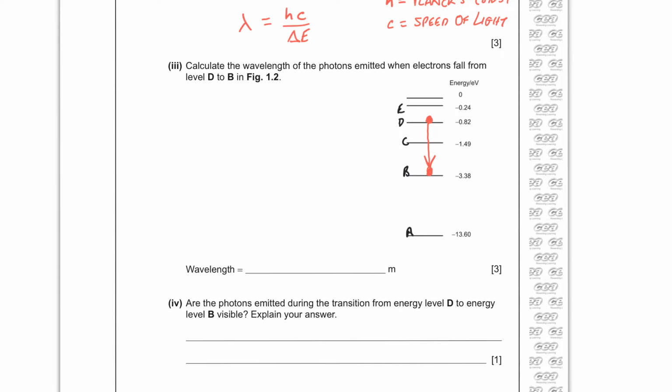So they want a wavelength, and surprise surprise, we've just set up here that lambda is going to be hc over delta E. Always remember that when questions run in little subparts that they're often related to each other.